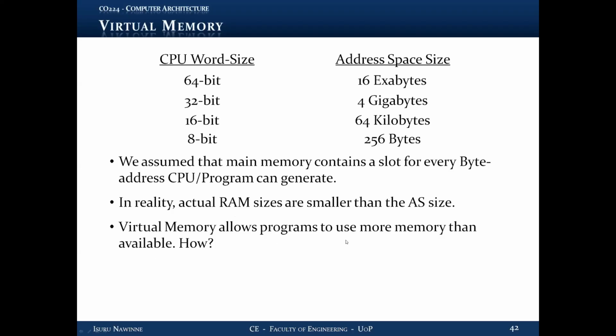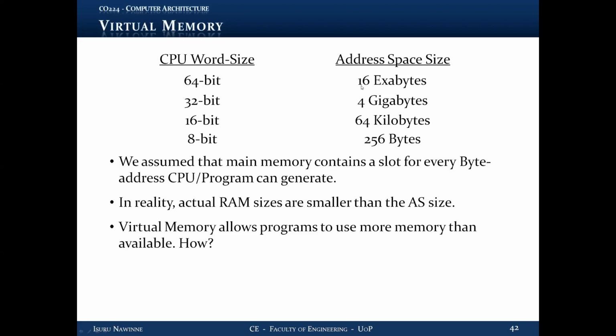Virtual memory allows our programs running on CPUs to use more memory than is actually available. So 64-bit CPUs can use up to 16 exabytes of memory, subject to certain conditions, even though the real memory is way smaller than that.